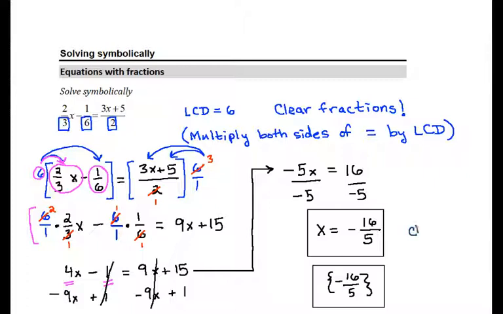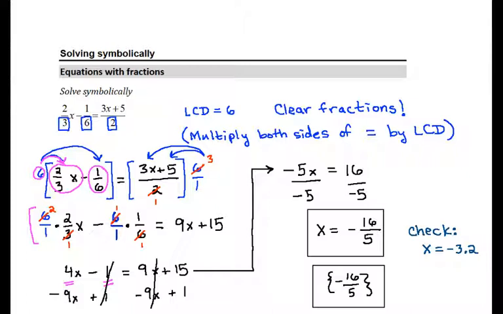To check an answer, if you have a lot of fractions, you might want to go with a decimal version. In this case, we have an exact decimal version, x is equal to negative 3.2. In some cases, you may need to try with a decimal approximation. For our actual work, converting to a decimal is generally not what we want.